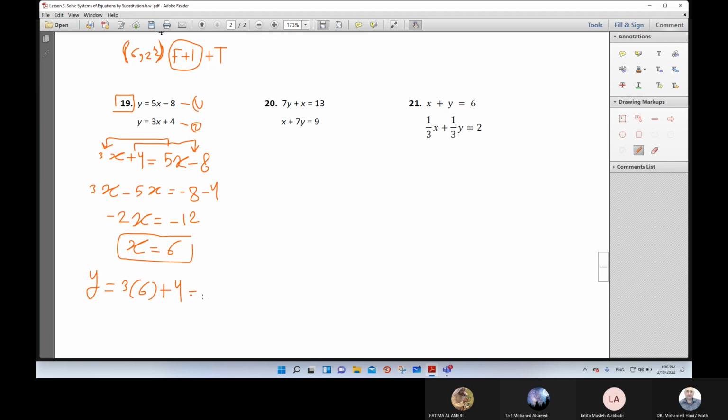So 3 times 6 will be 18, plus 4 will be 22. So the common solution will be 6, 22, and great work for Fatima and Taif. Who has any question about this lesson?